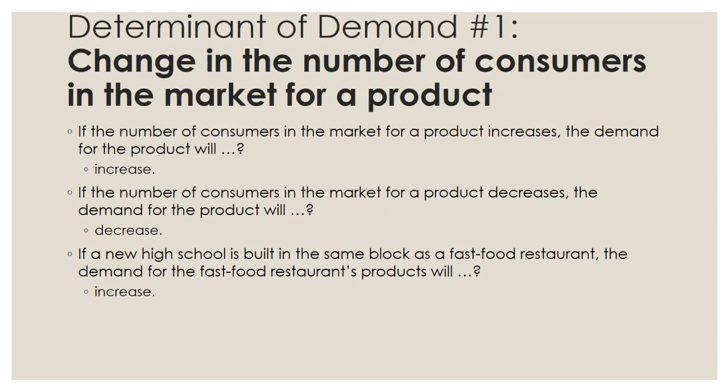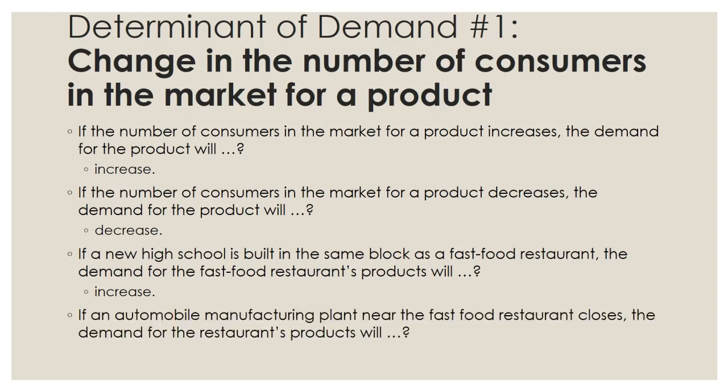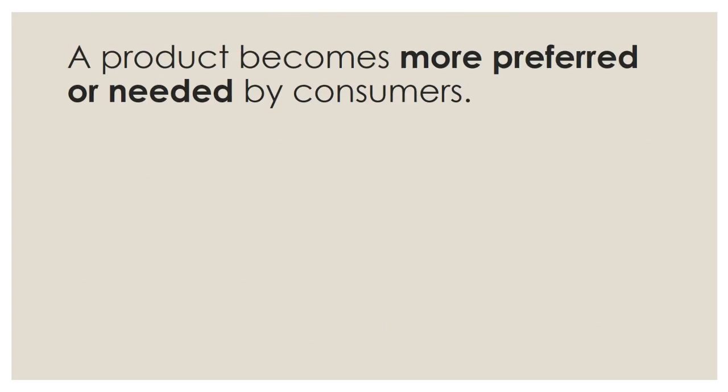Hopefully you got the correct answer. If an automobile manufacturing plant near the fast food restaurant closes, the demand for the restaurant's products will what? Decrease. A decrease in demand. Hopefully you got that question correct.